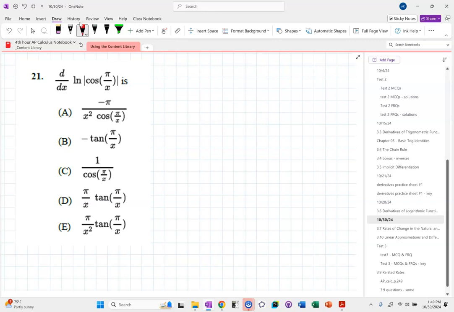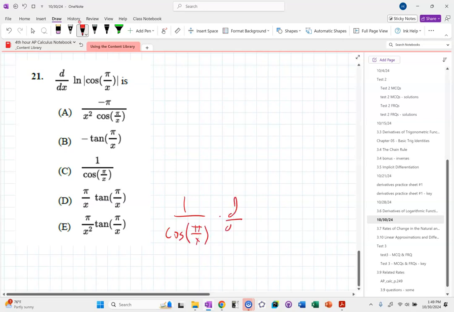So I notice this is like a double chain rule, right? The outermost function is the natural log. The middle function is cosine, and the innermost function is pi over x. Or I'm going to really think about that as pi x to the negative 1 when the time comes. So I have the derivative of the outside, that's 1 over the inside, times the derivative of the inside.